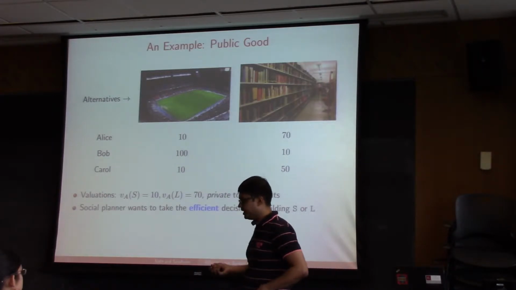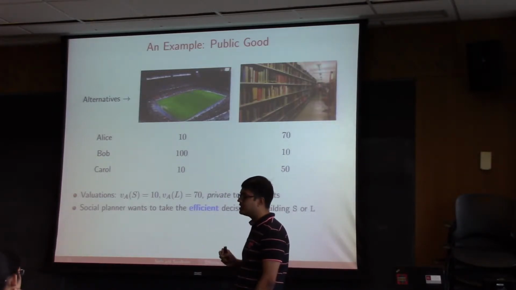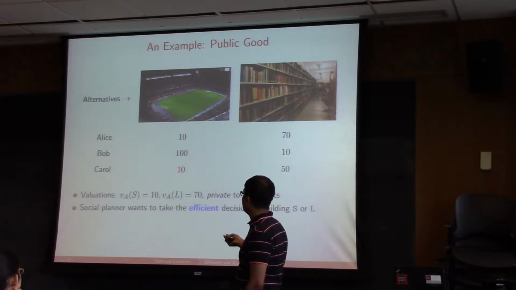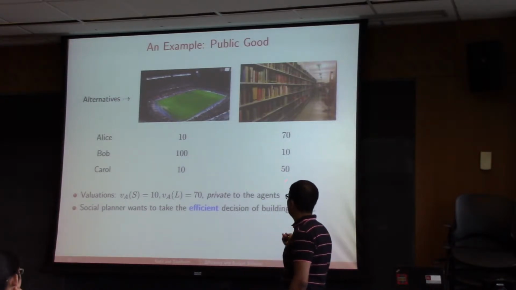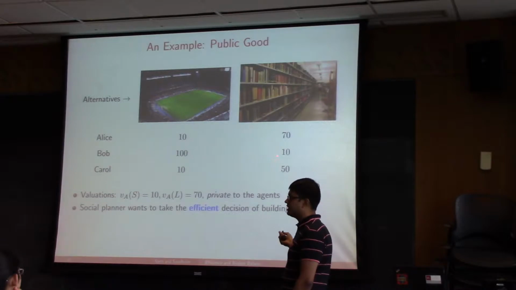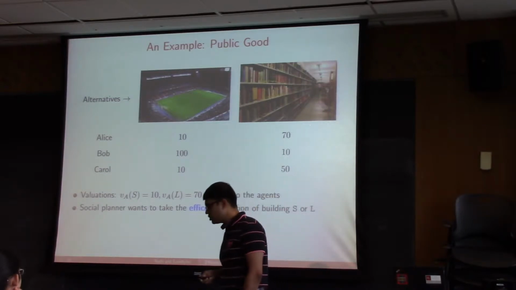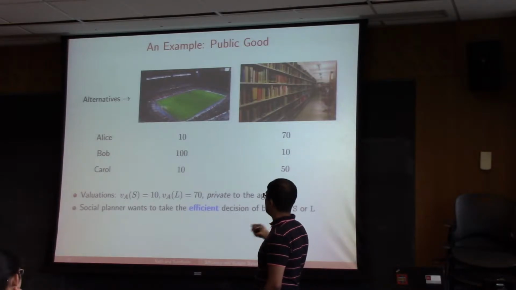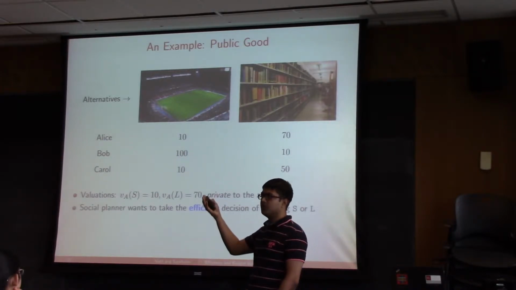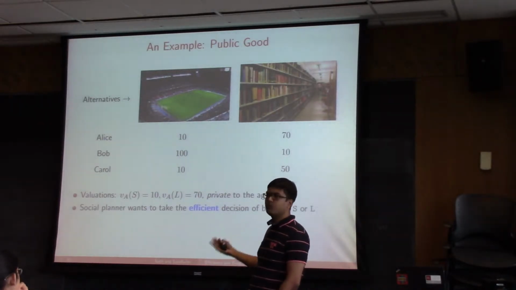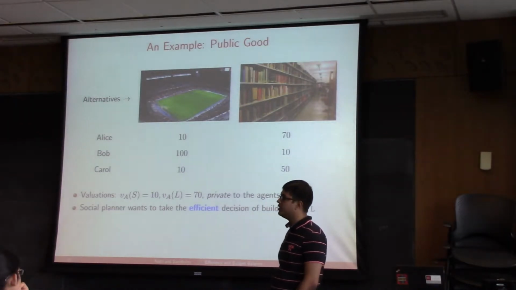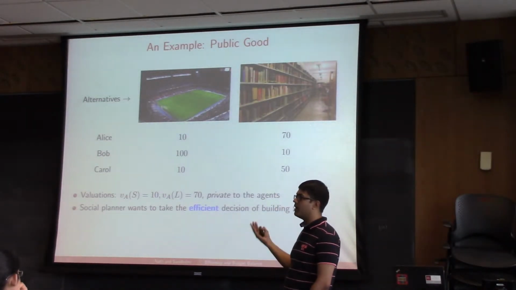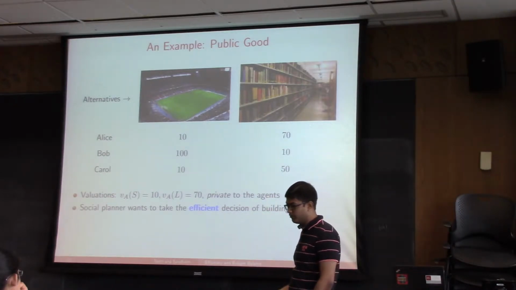So the goal here is to solve an imprecisely defined optimization problem where the planner's goal is to take a decision that is efficient, but the information to take that efficient decision is private to the agents. You can imagine a very naive approach of asking each of these agents. The planner asks each of them to report their valuations of all these alternatives, and then he can say, well, I'm going to take the decision that maximizes the social welfare.